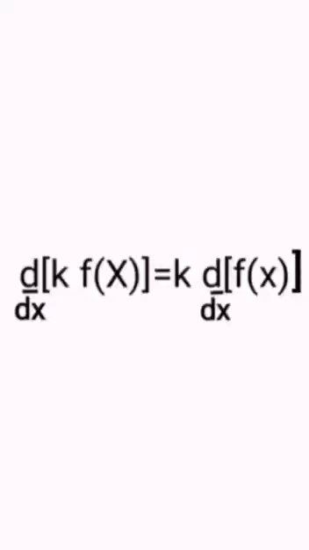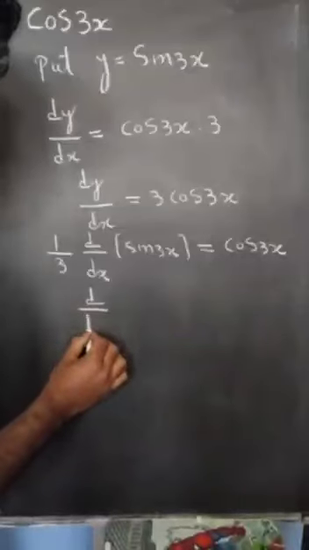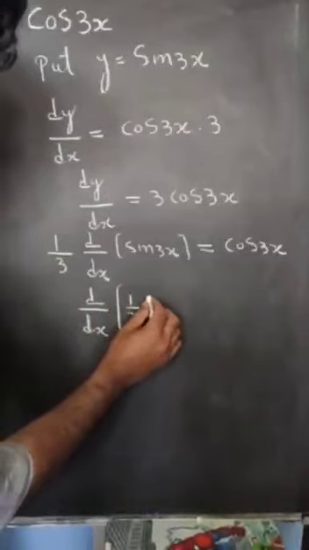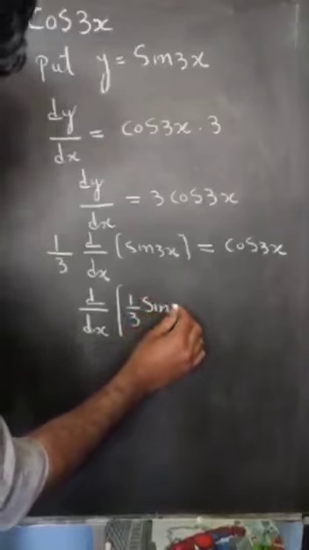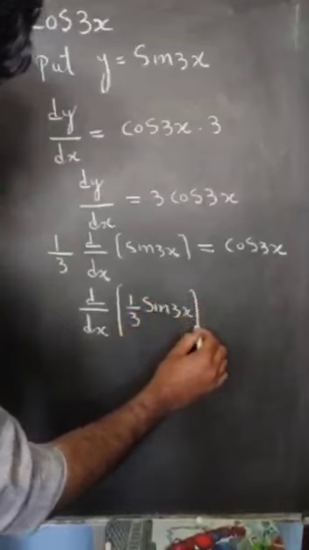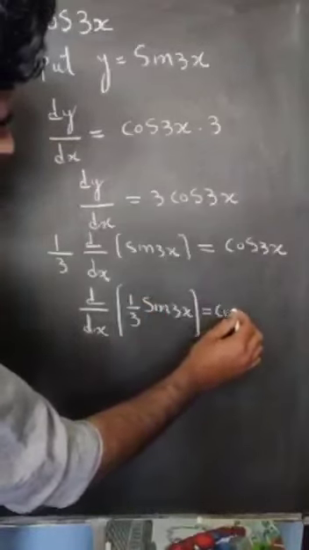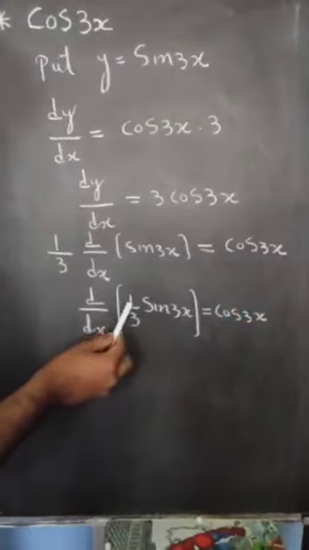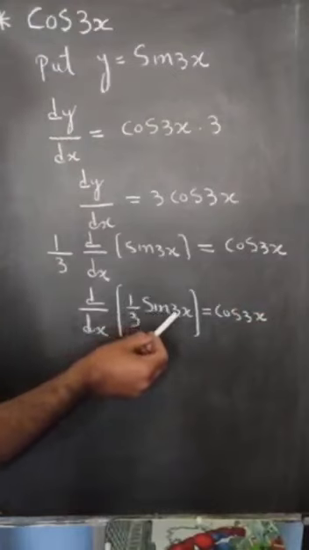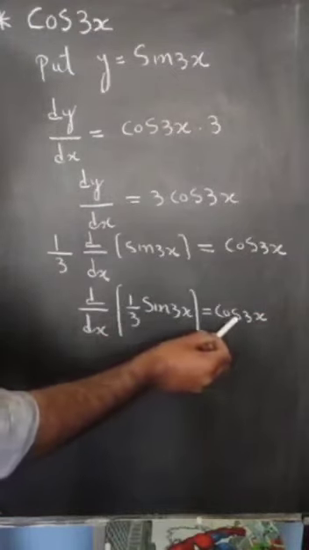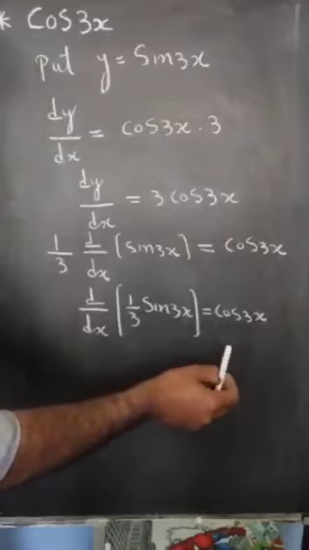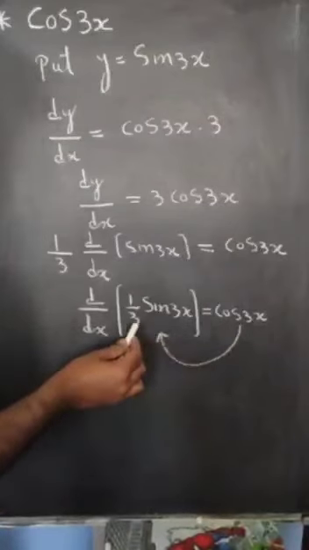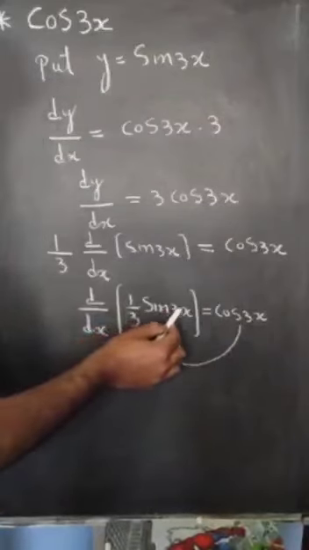Using this result, we get d by dx of 1 by 3 sine of 3x is equal to cos of 3x. Now that means differentiation of 1 by 3 times sine of 3x is equal to cos of 3x, which further means that the antiderivative of cos of 3x is equal to 1 by 3 times sine of 3x.